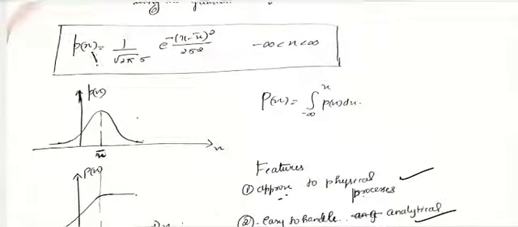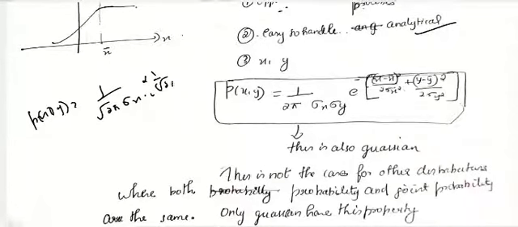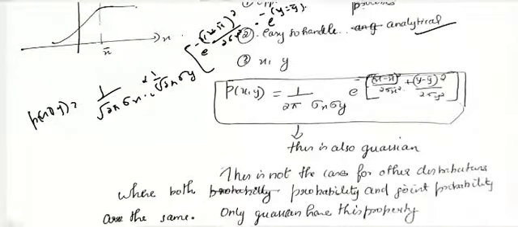And if it has two variables, that is p of x comma y, it becomes 1 divided by root 2 pi sigma x into 1 divided by root 2 pi sigma y into e raised to minus (x minus x bar) the whole square divided by 2 sigma x square into e raised to minus (y minus y bar) the whole square divided by 2 sigma y square.